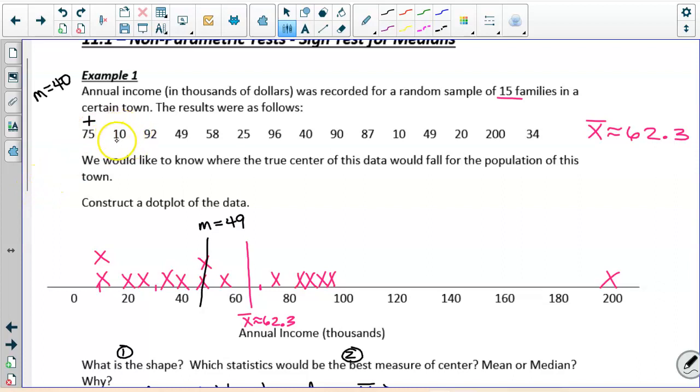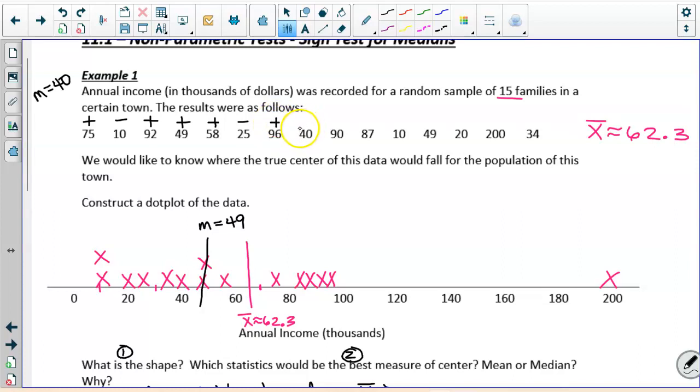Is 10 above, below, or equal? Below, so I'm going to put a negative. It's below it. How about 92? Above. 49? Above. 58? Above. 25? Below. 96? Above. 40? Equal to.